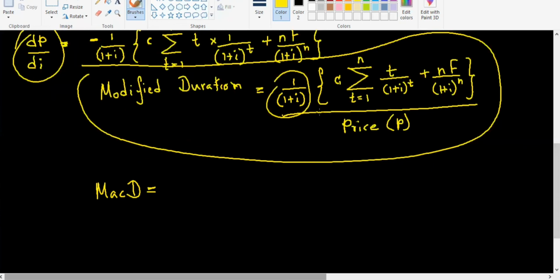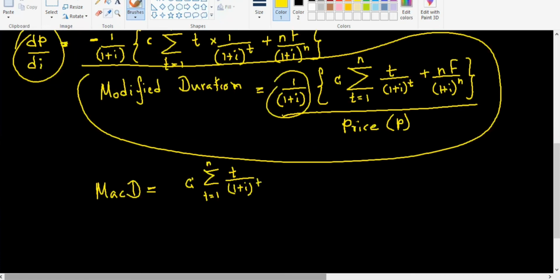So the Macaulay duration is nothing but the coupon payment into the sum, t starting from 1 to n, t over 1 plus i to the power t.